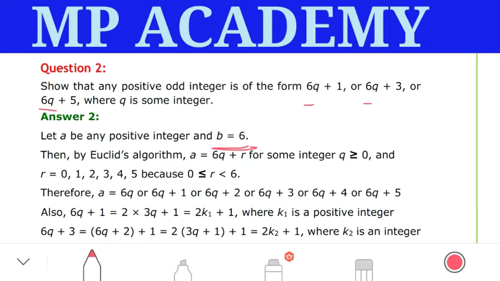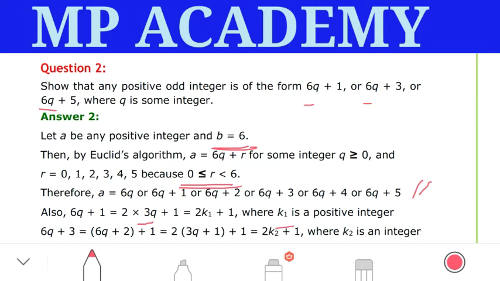That's why I take b equal to 6. Now Euclid's algorithm, a equal to 6q plus r, and r is between 0 and 6, 0 less than or equal to r less than 6. Therefore if we put consecutively 0, 1, 2, 3, 4, 5, then we get a equal to 6q, 6q plus 1, 6q plus 2, 6q plus 3, 6q plus 4, and 6q plus 5.